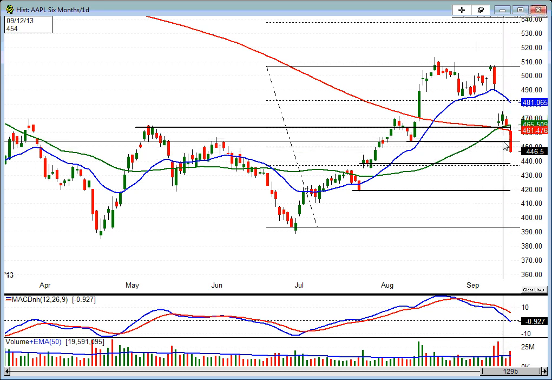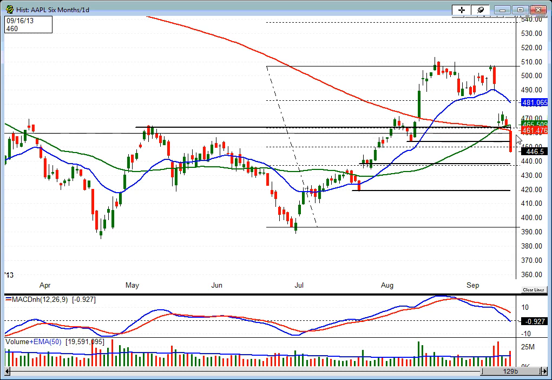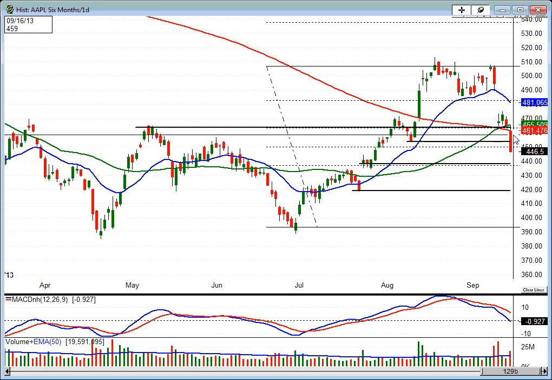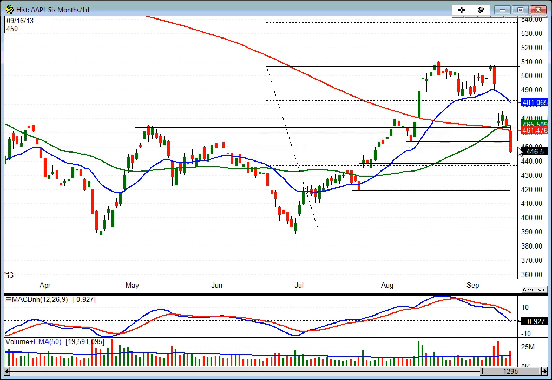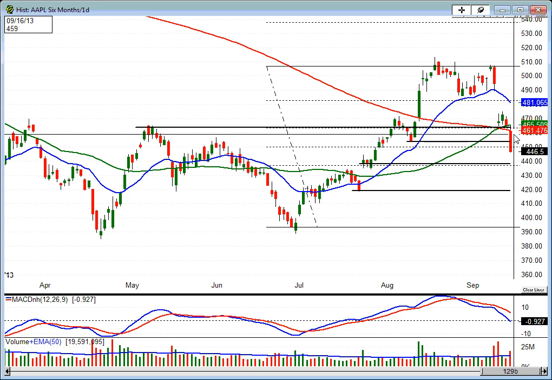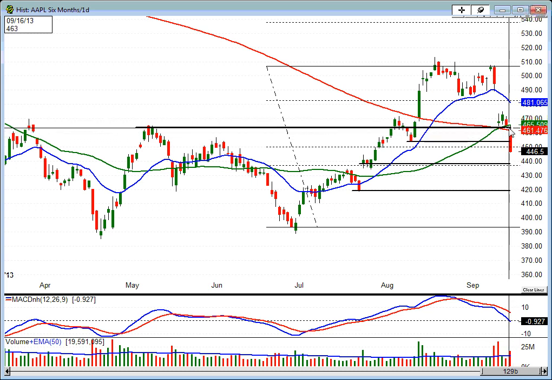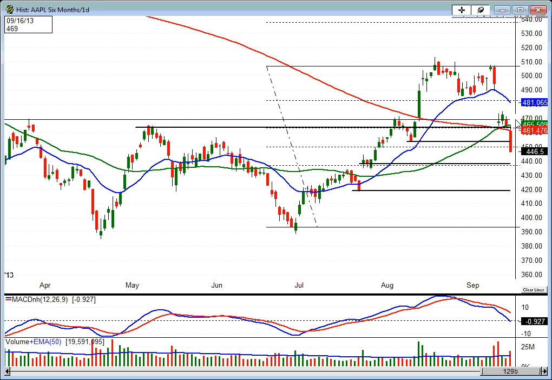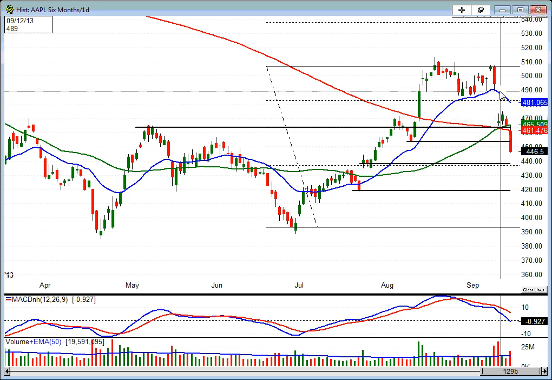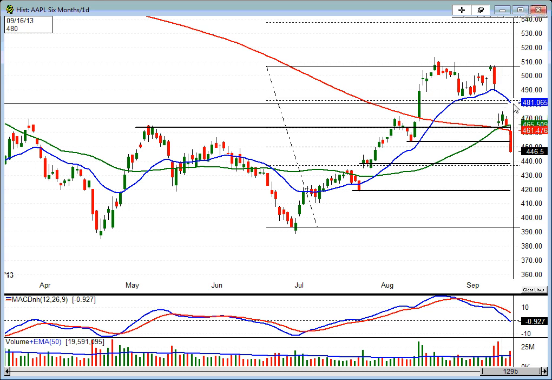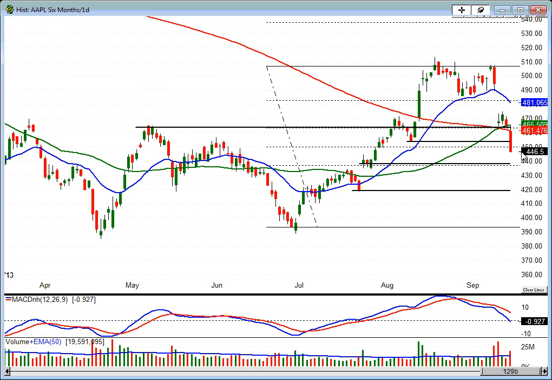So there are three possible scenarios on this Apple price action. One is that it could chop around and just consolidate here between this 450 to somewhere around this 463 area. Right? The other one is that it could come back and reclaim, get back above the 50-day moving average and possibly move back up here and fill this gap, and then get back up to that 500 level.